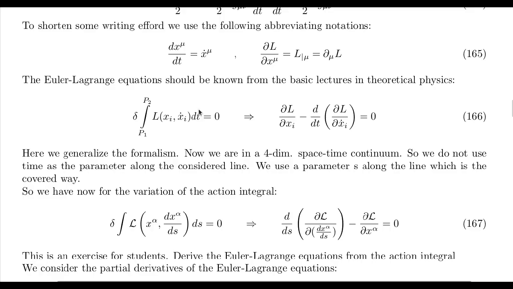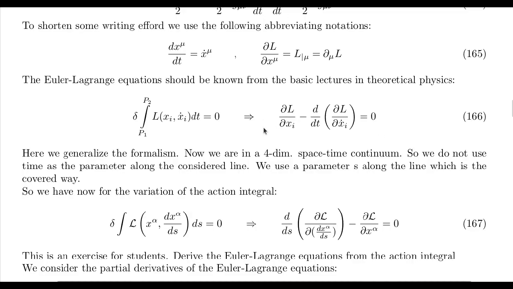If we have the action integral, meaning the integral over the Lagrange function, and we make a variation calculation, then we get the Euler-Lagrange equations of motion.